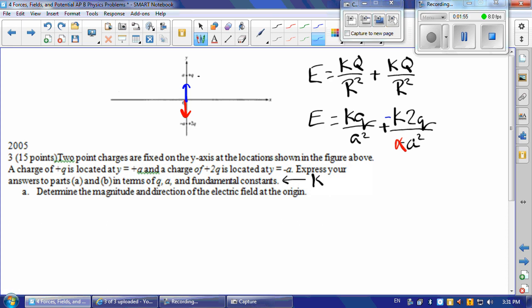And depending on which one you made positive, I think the answer key makes the 1q negative. So when you go through it, you get 2 minus 1, and all you end up with is kq over a squared. Okay, so there's part A.